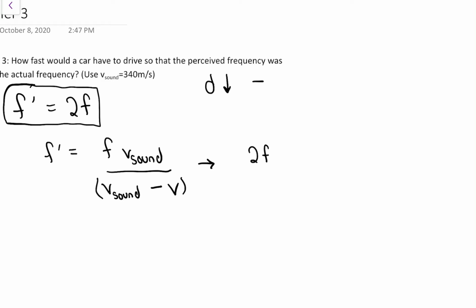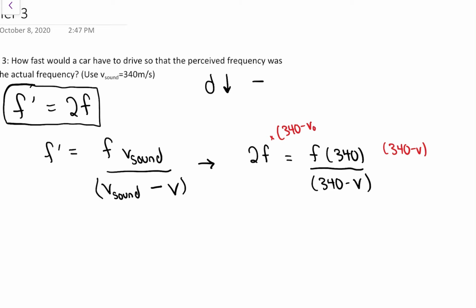That's what double the frequency means. I've still got an f on this side. The speed of sound is 340, and then on the denominator, I've got 340 take away, I don't know. Algebra-wise, I'm going to multiply both sides by 340 minus v.